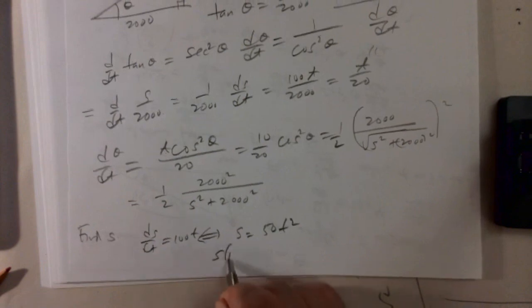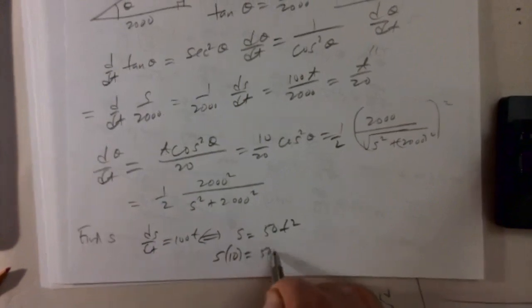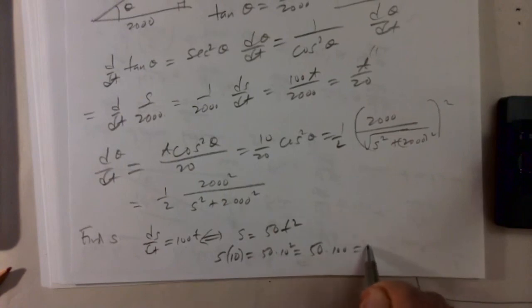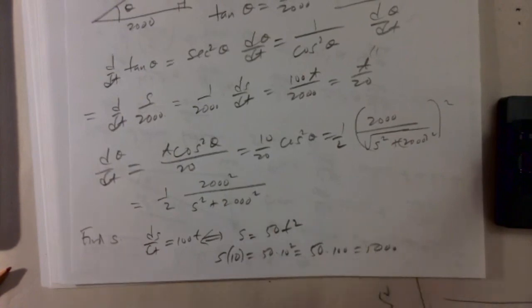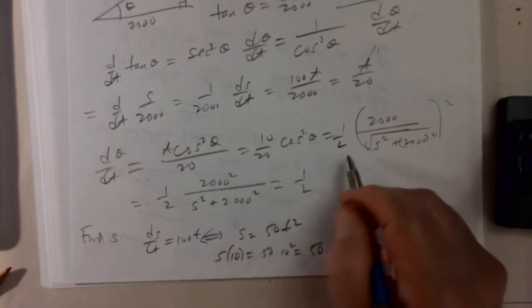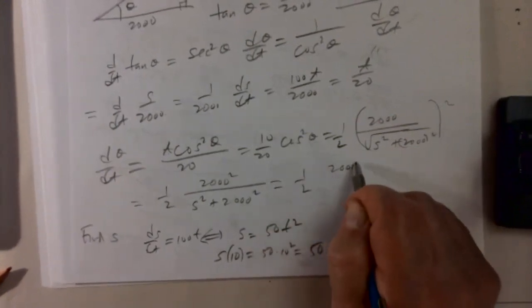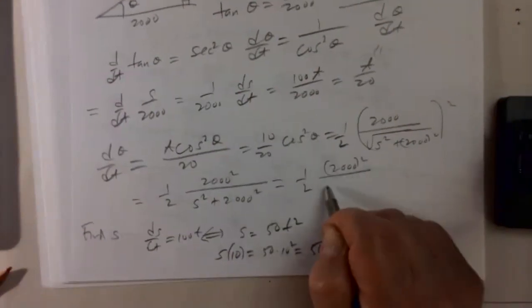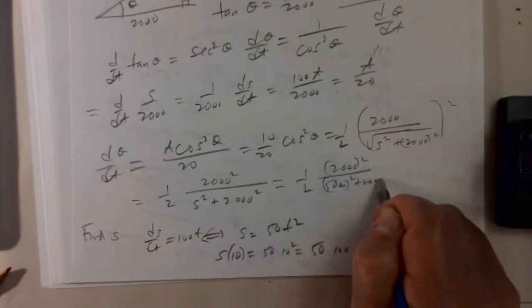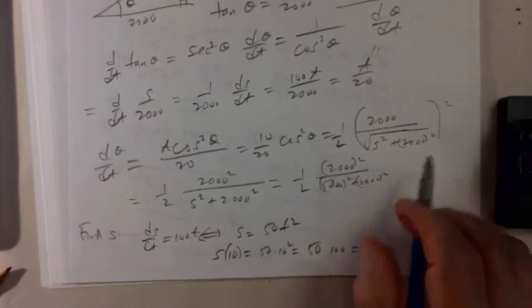And so S, when t is equal to 10, is 50 times 10 squared, is 50 times 100, is 5,000. So what we get is this is 1/2 times 2,000 squared over 5,000 squared plus 2,000 squared.